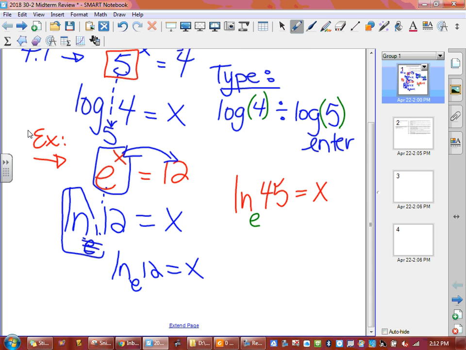So basically, these guys switch places, and the word ln disappears. So we're going to have E exponent x equals 45, and ln E will disappear. Okay? Because the word ln is going to disappear just like log disappears. The E would stay because the E's going down. Here's your base.